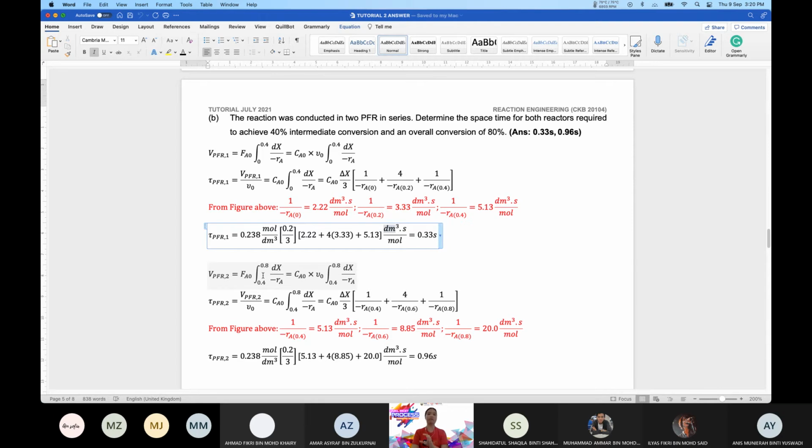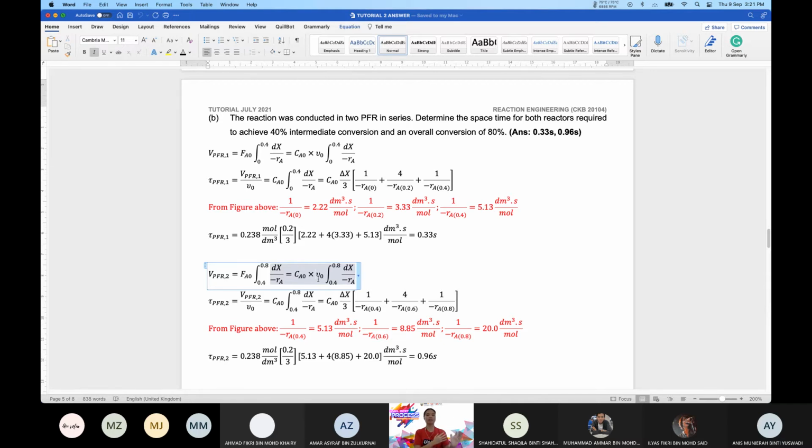Same concept. To get the space time, I cannot leave it as FA0 because without V0 I cannot make it space time. So we write FA0 in the form of CA0 V0, and the integral part stays. Why do I do that? So that now I can move V0 from right to left.